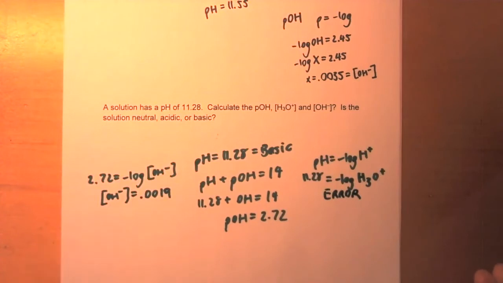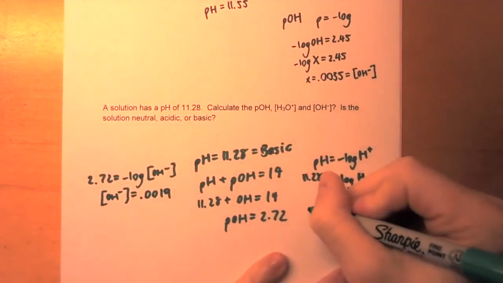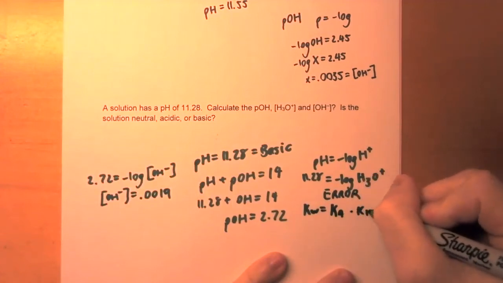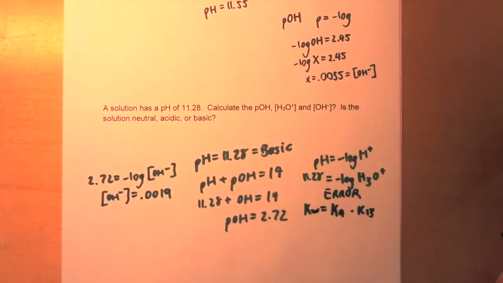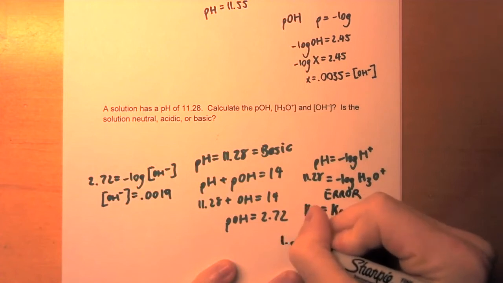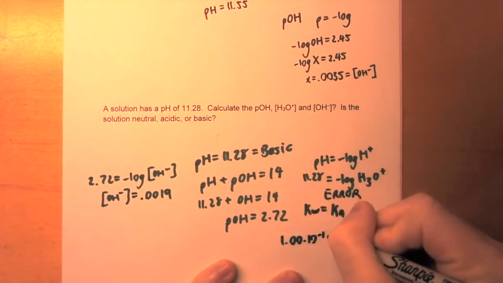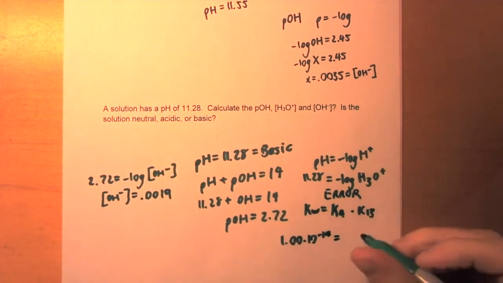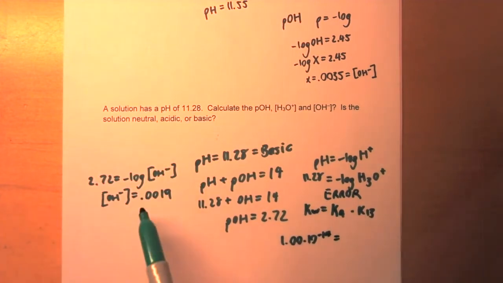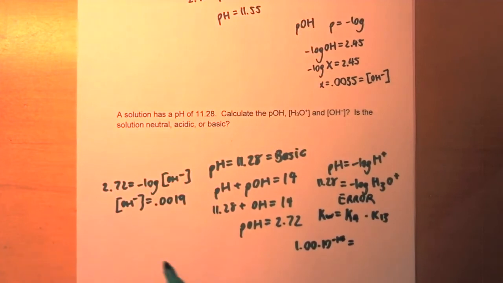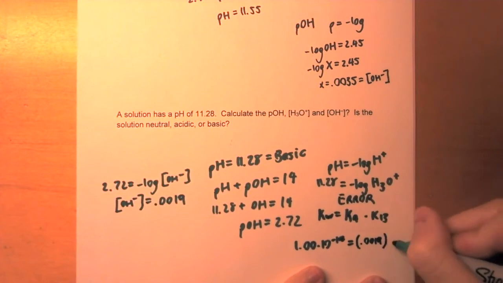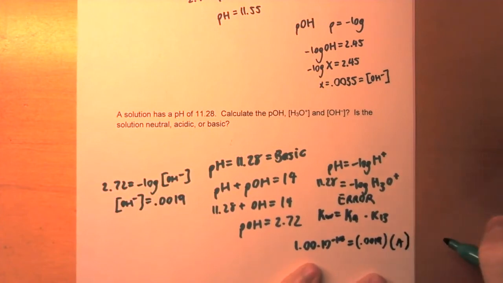We don't really know what to do, but we have one equation, Kw equals Ka times Kb, right? We know Kw, 1.00 times 10 to the negative 14th, is equal to Ka times Kb. Well, we know our Kb, or our basic concentration, is 0.0019, but we don't know our acid.